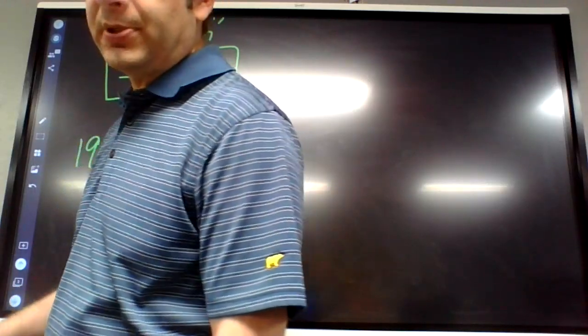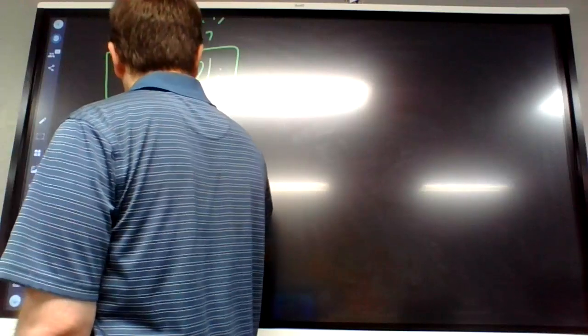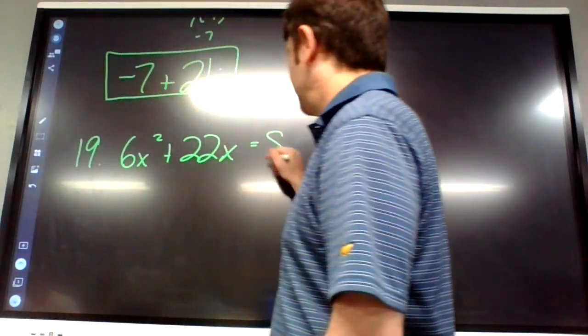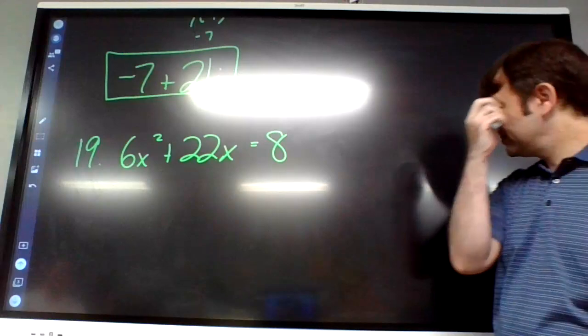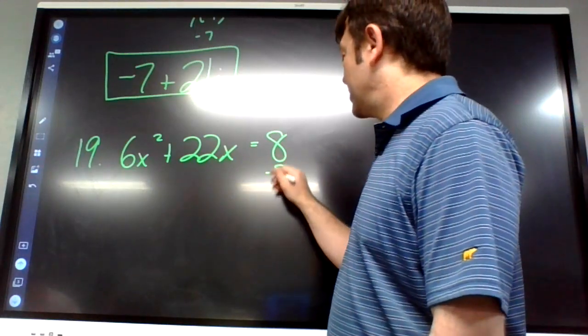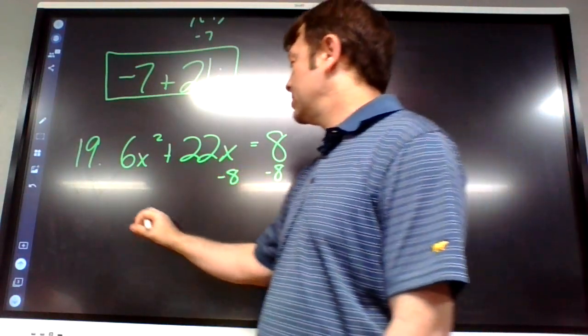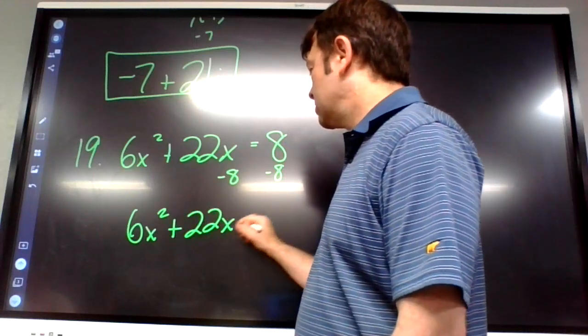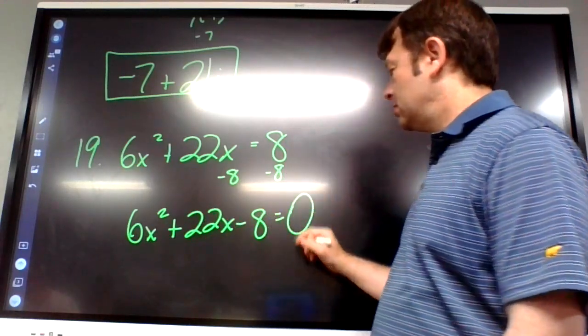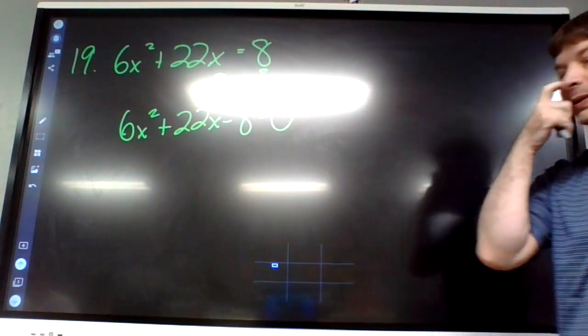6x squared plus 22x equals 8. All right, what should we do first on that one? Make the 8 on the plus side. Yeah, 8's on the wrong side. We should have a 0 over there. Okay, now what should we do?